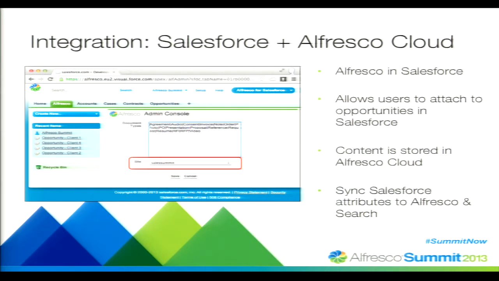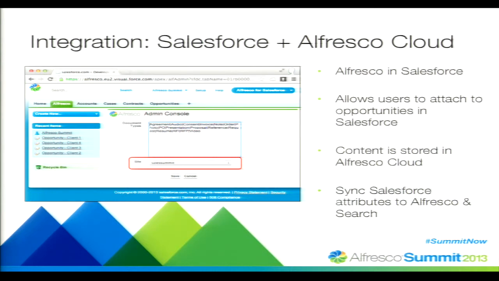As you can see in the slide, what we have done is install within Salesforce a plugin of Alfresco where we configure the site where the documents that we put in Salesforce are going to be stored in Alfresco, okay?